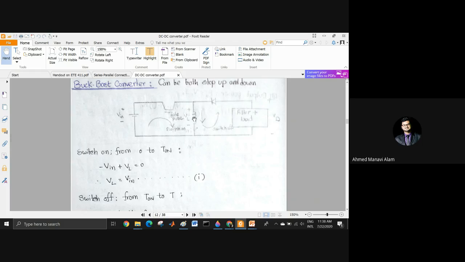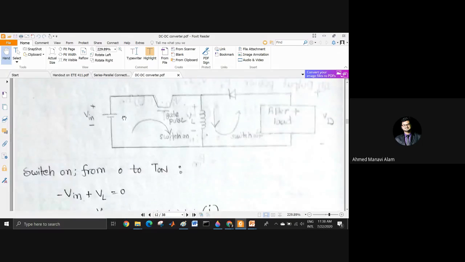When switch is on, what will be the circuit? The circuit will be like this. Sir, why current will not go there? Because it is in the reverse bias direction. So current can't go there. So current will happen to be like this.